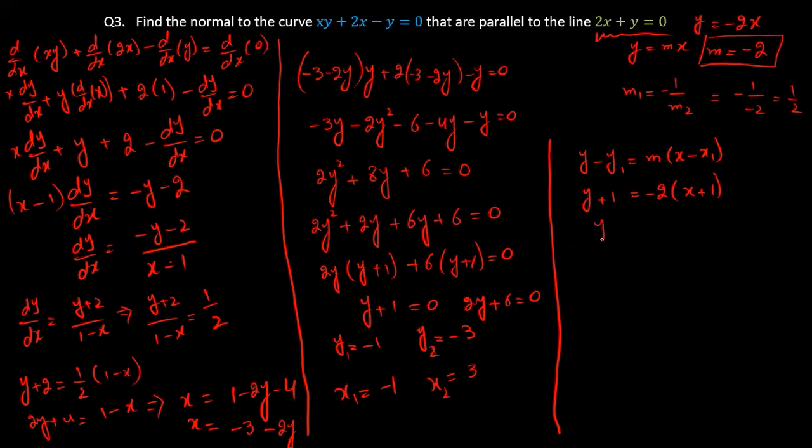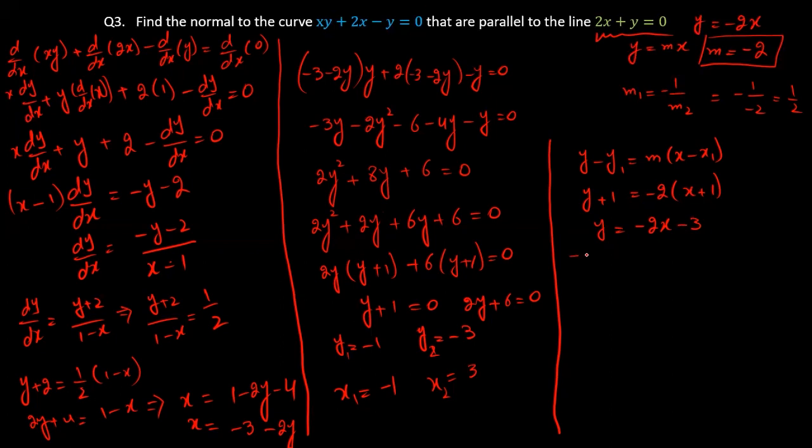So now y is equal to minus 2x minus 2 and minus 3, which is minus 2x minus 3. This is our equation for line 1, which is normal to this curve.